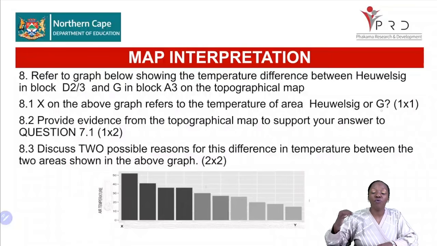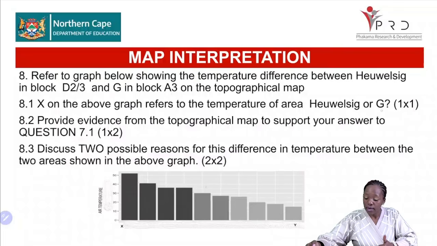So again, you need to refer to the map first. Then you go back and see on the map what are the things that could make an area have a high temperature and what are the things that could make an area have a low temperature. If you are able to locate those two, you will then be able to tell whether X represents your Haylet or the G.